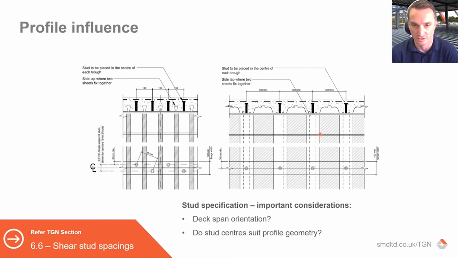The TR80 Plus is 300. So the orientation of that profile, when it's at right angles to the beam centre line, is key to the spacings that can be achieved. Many steel beam design softwares out there obviously have our products in and are aware of those spacings. But the key thing is when those beams aren't perpendicular to the deck span. And we're going to talk a bit more about that in a moment.